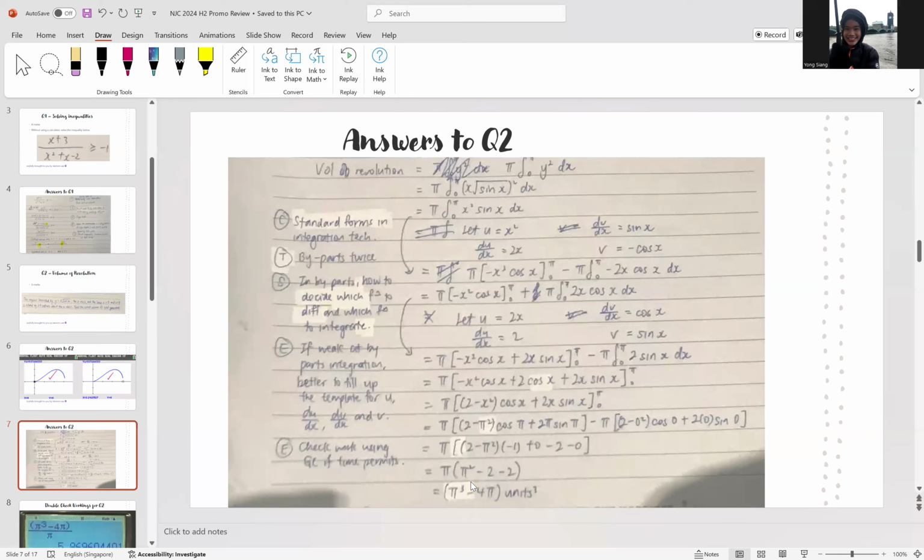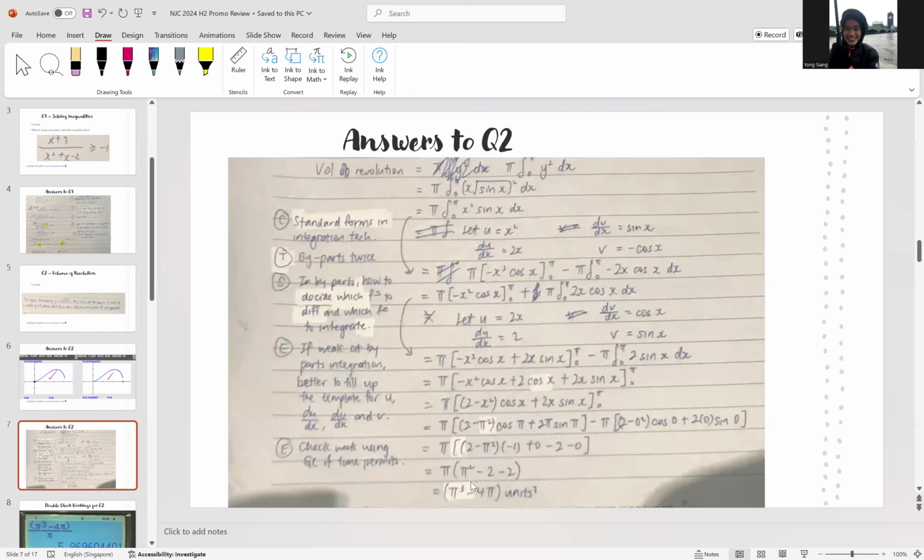Okay, so now you see, sine x is a trigonometric function. X squared is an algebraic function. Because these functions are of different types, and moreover, they are two separate functions, you are going to have to integrate this by parts. By parts integration, okay? So when it comes to by parts integration, you are going to fill up a template.